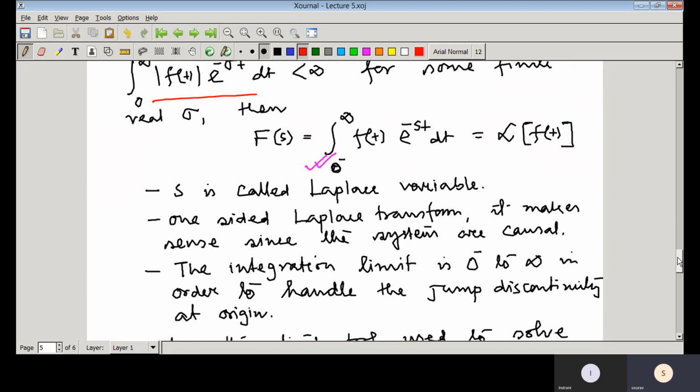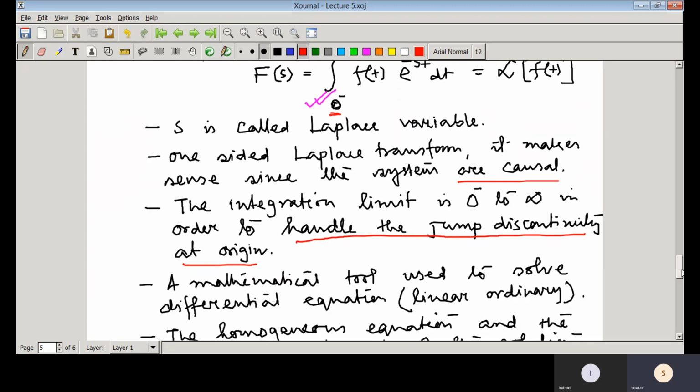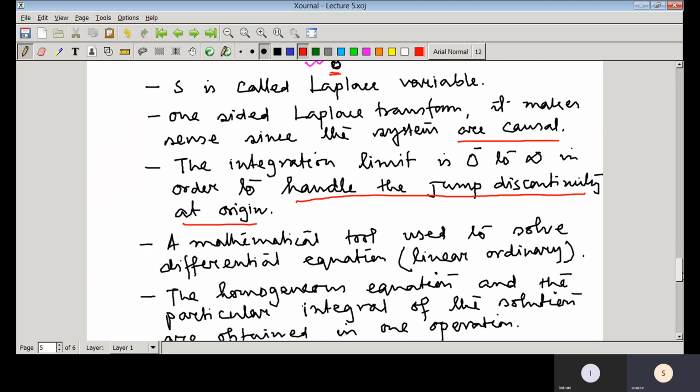We have taken here a one-sided Laplace transform, and we have taken that 0 minus to handle the jump discontinuity at origin. And we have seen that this one-sided integral also makes sense as the systems are causal, physical systems that we'll be considering, they are causal.